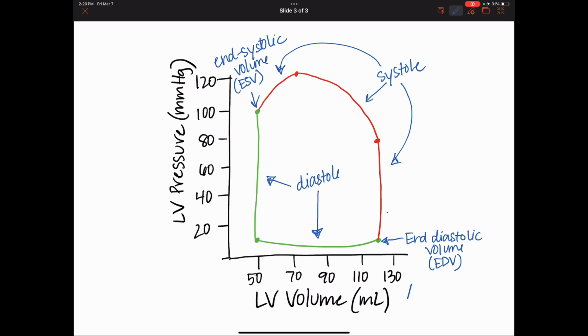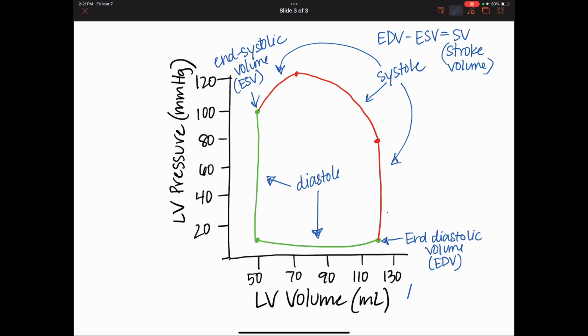So that's our ESV. The last volume is the volume that tells us how much blood has been ejected from the heart. So if we take the amount of blood that we started with at the end of diastole, and we subtract the amount of blood that we're left with at the end of systole, we get what's called stroke volume, or SV.